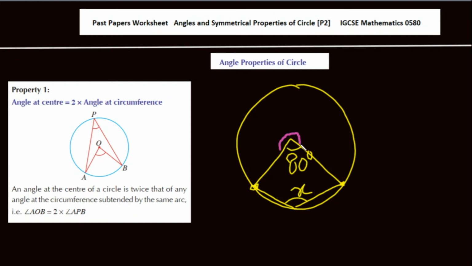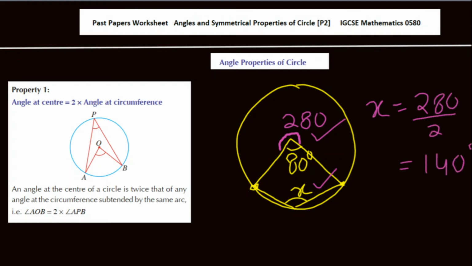This would be 360 minus 80, which is 280. And now the property that angle at the center is twice the angle at the circumference applies. So this angle would be double of this angle. So to get your answer, you will do 280 divided by 2, which gives us 140 degrees.